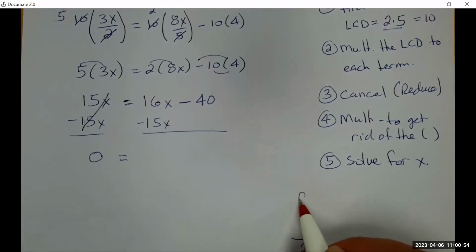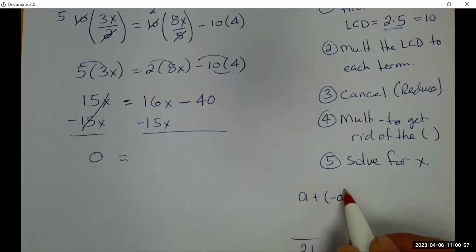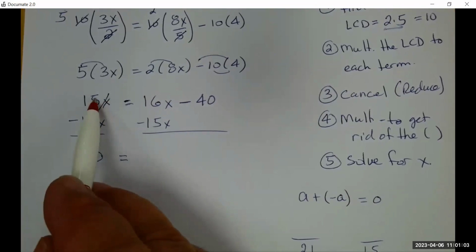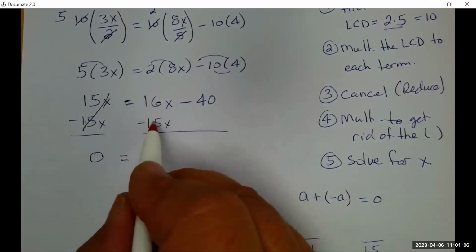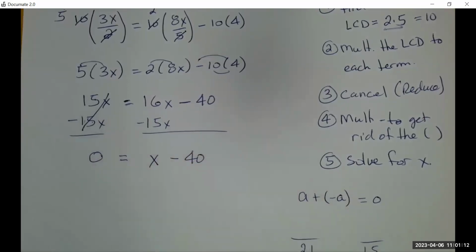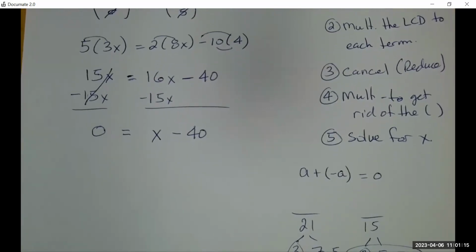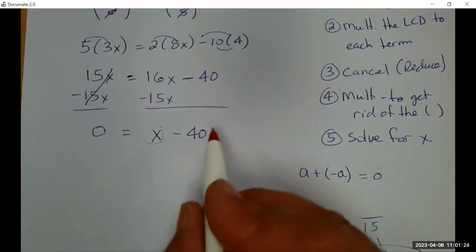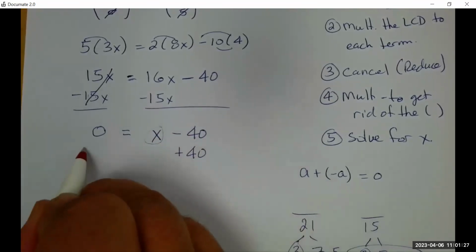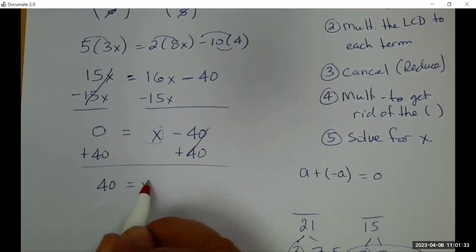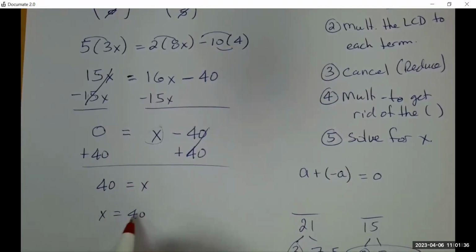Anytime you add a number and its opposite, they always equal 0, which is what we're doing. 15x minus 15x equals 0. 16 minus 15 is 1x. Since you have the x's here, move, so you add 40 to both sides. 40 equals x, or x equals 40. That's your answer.